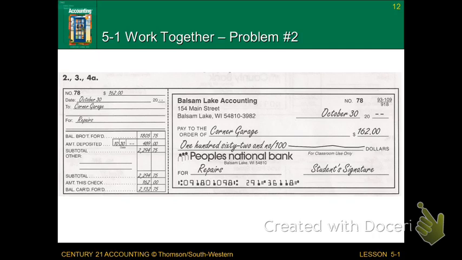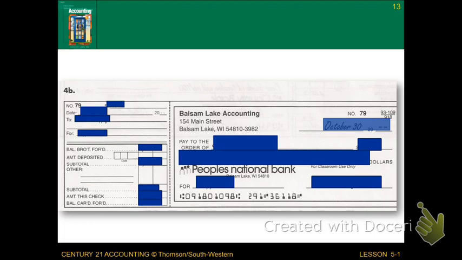Okay, so the next part of our directions says to use check stub number 79. So now we're going to write a check to the St. Croix supply for supplies for $92. So before we do that, take a look at our balance carried forward for $2,132.75. We're going to take that amount and write it on the next check stub.